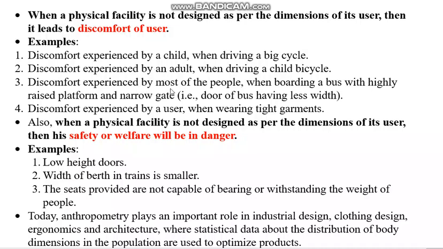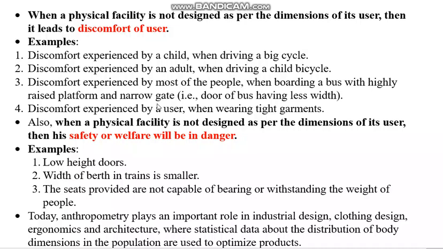Discomfort experienced by most of the people when boarding a bus with a highly raised platform or narrow gate. Some of the buses are not designed properly. When you want to enter, the step is very high. You have to lift your leg and place it.